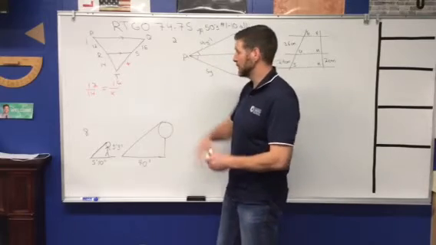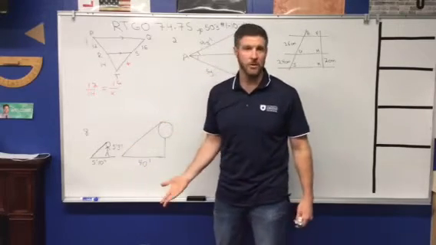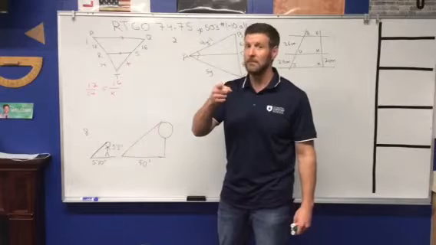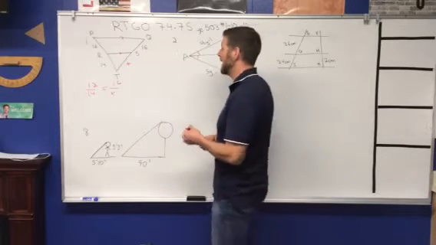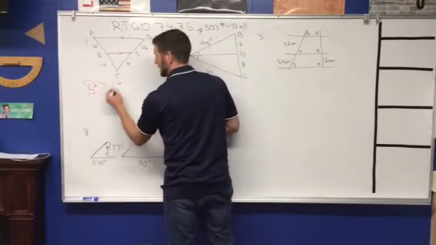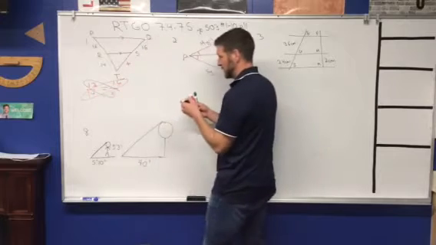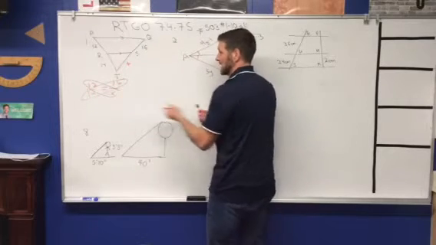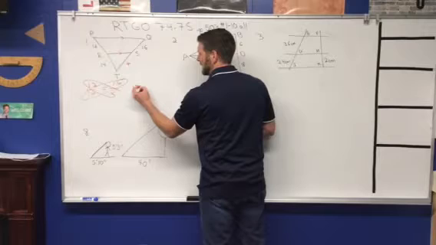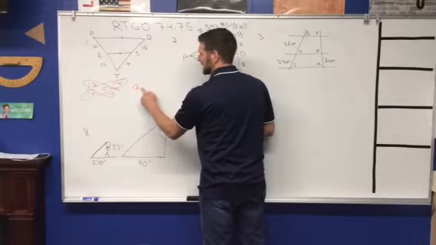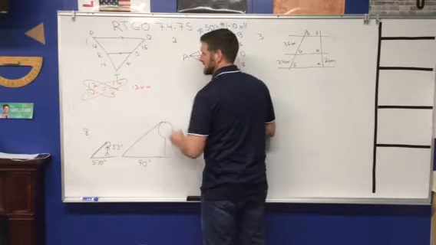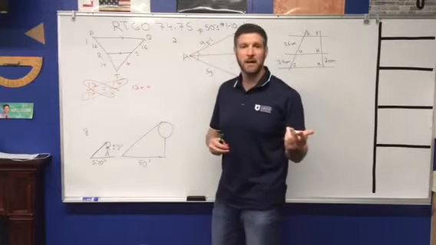Okay, and once you have your proportion set up properly, it's the same way you solve it every single time. That's right, cross multiply and divide. So if we multiply those together, we're going to get 12x is equal to 14 times 16.